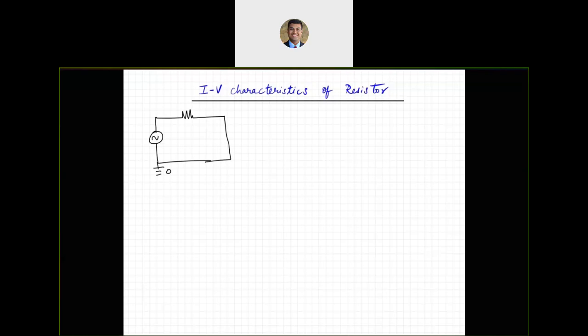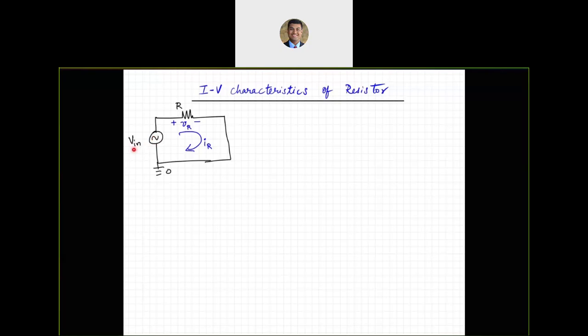The value of this resistor is R, for example. This is, say, V in, and there is some current I sub R flowing through this, and there is a V sub R voltage across the resistor. So we are indicating that there is a voltage source which is sinusoidal, or which is AC, so it changes with time, and we are calling that V in.